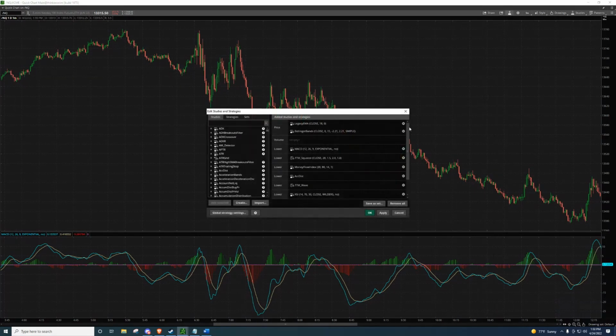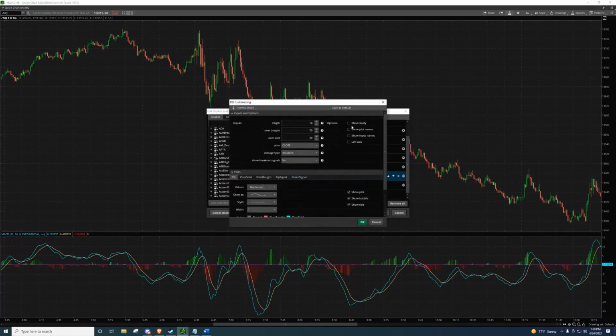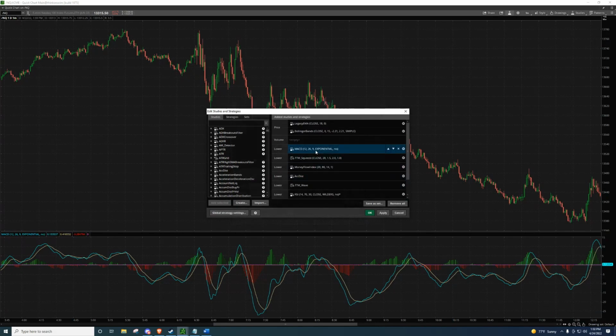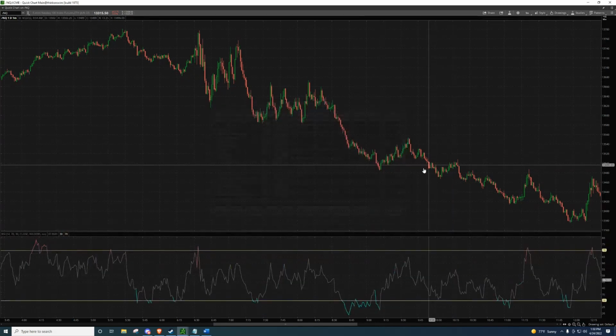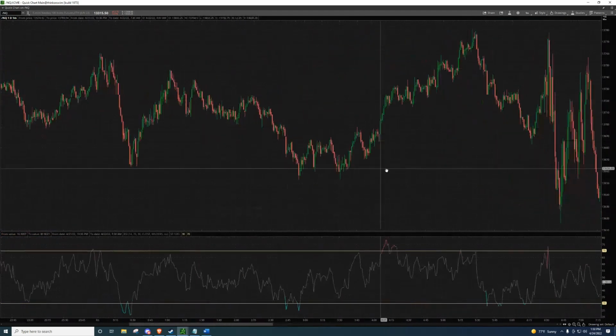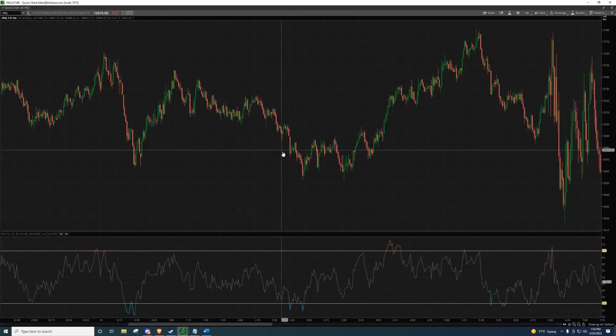So if we take a look at the RSI again here, we actually have, when it goes sideways, a small cool off period, right?